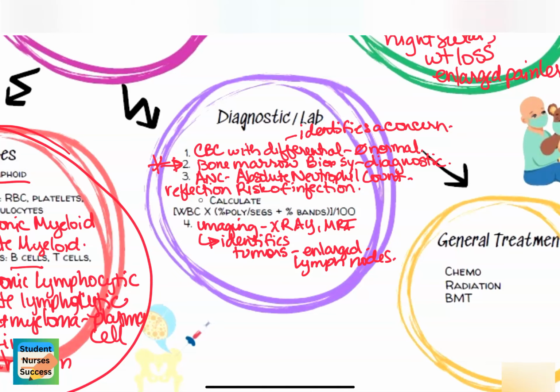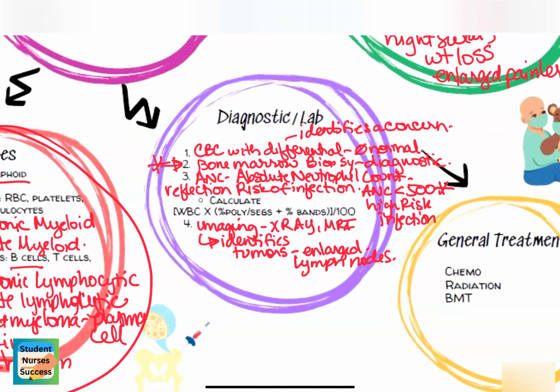Often we draw an ANC count when patients are undergoing chemotherapy or some type of treatment. The treatment kills the bad cancerous cells, but it also kills some of our good cells too. And sometimes we can actually lower our good white blood cells to the point where we open ourselves up for a risk of infection. If your ANC is less than 500, you are high risk for infection.